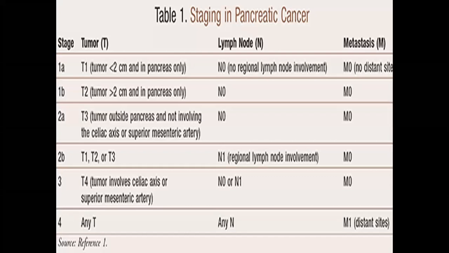Now, 2B, it can be T1, T2, T3. The tumor can be less than or greater than 2 centimeters, but there is regional lymph node involvement with no metastasis. Now, stage 3 or T4 comes when the tumor gets to the celiac axis or invades the blood supply such as the superior mesenteric artery.